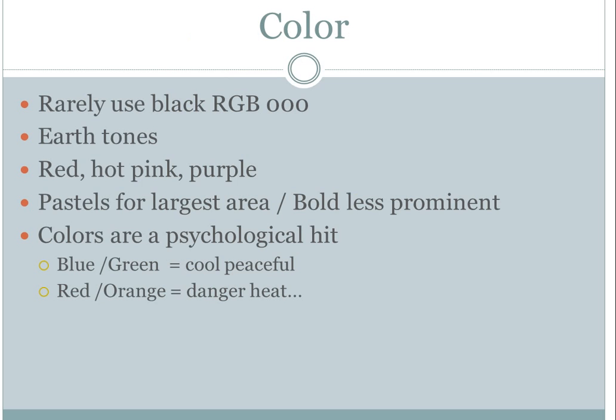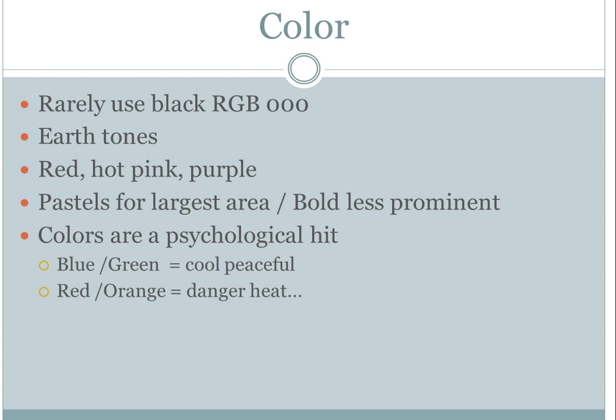She spends some time talking about color. One thing to think about is solid black isn't used very often. Earth tones really do work well for people. So if you're showing mountains and large landscapes and water, you want to use tones that reflect nature. The use of purple, pink, hot pink, red, those should be used sparingly, and maybe just for emphasis or to make a point.